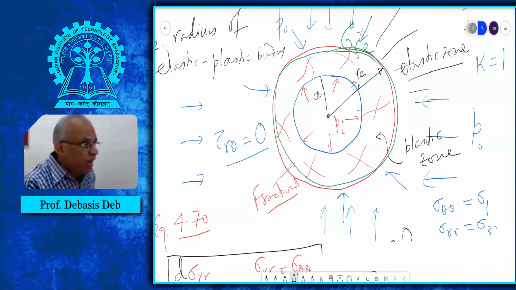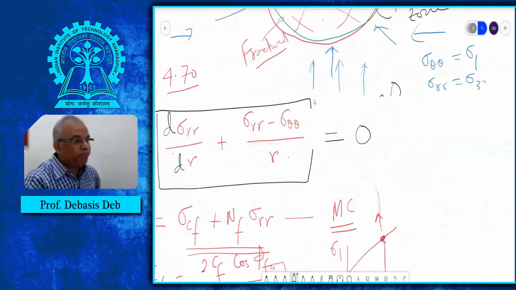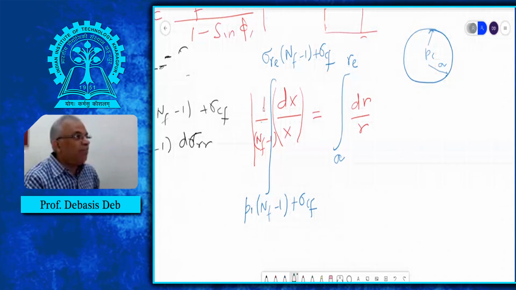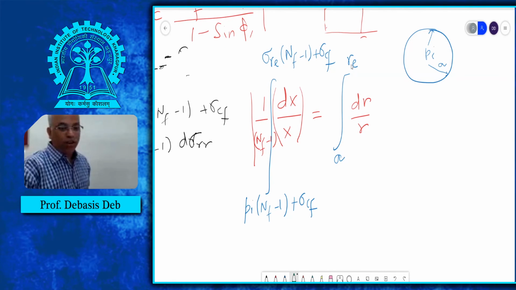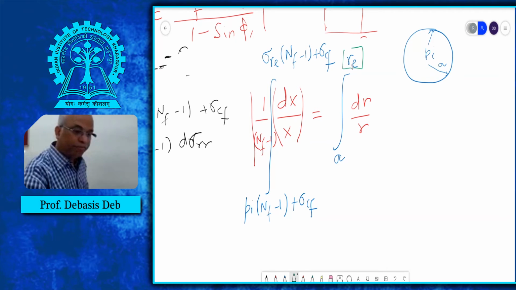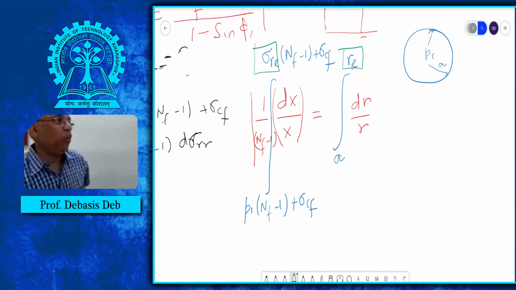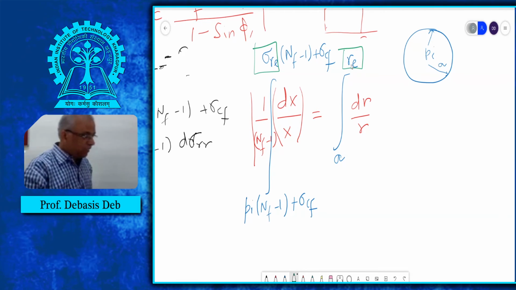So we do not know RE, we do not know sigma RE in this equation. Whatever equation I have written here, I do not know RE, and I also do not know this. These two are unknown. But I can find the equation.